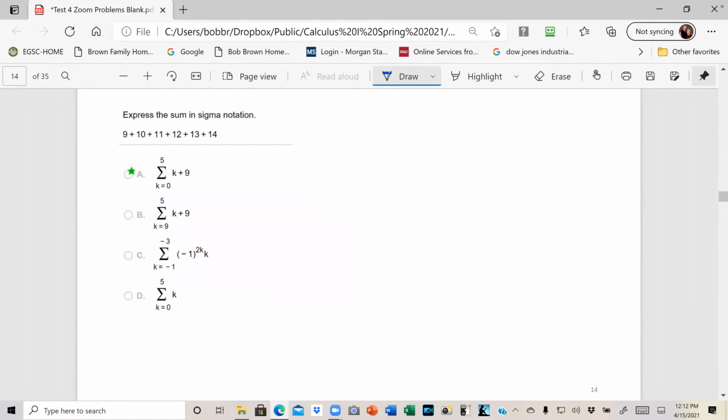Now here's a simple problem of writing a summation notation for a sum of these numbers. And notice it's 9 plus 10 plus 11 plus 12 plus 13 plus 14. There are 6 terms.